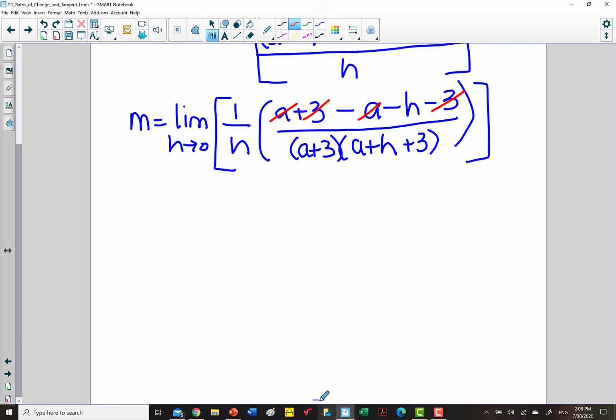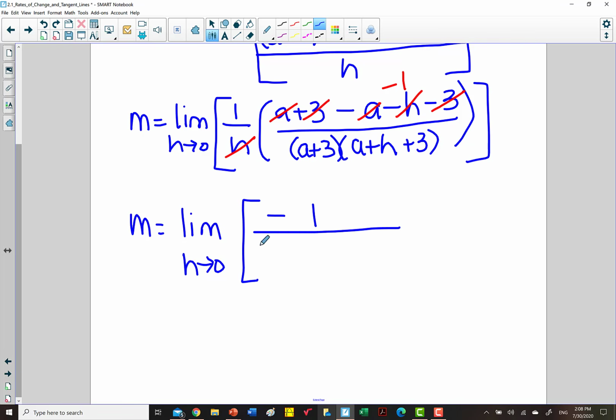Then with only negative h in the top and a positive h out here, we could take out that h and that h. It's going to leave us with a negative 1 in the numerator. And using the leftover terms, now we can apply the limit definition.